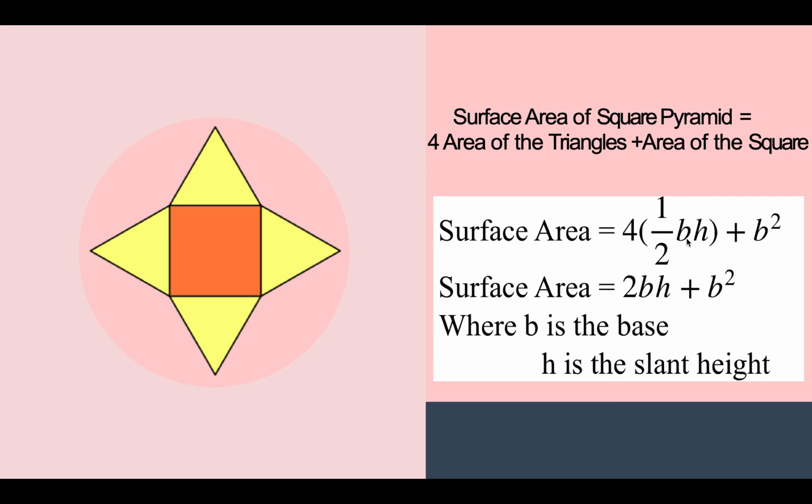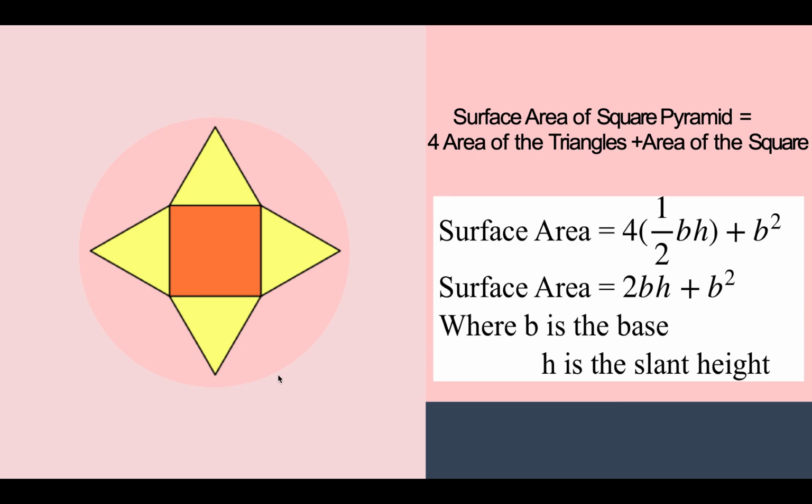So we have to simplify this. 4 times 1/2 is 2. So that will be 2bh plus b squared. That will be the formula for the surface area of a square pyramid, where again, b is the base and h is the slant height. So please do remember the formula 2bh plus b squared.